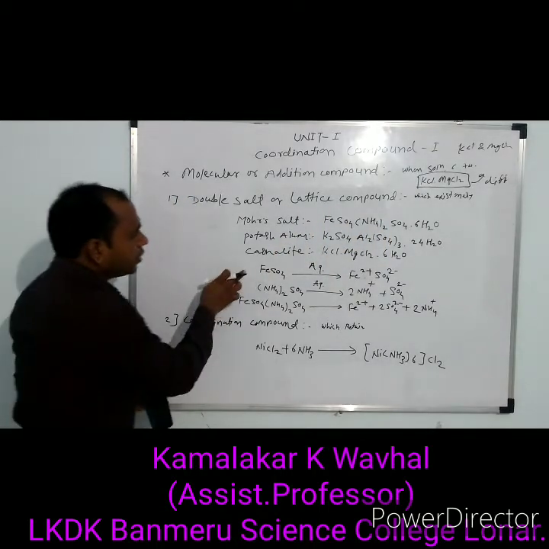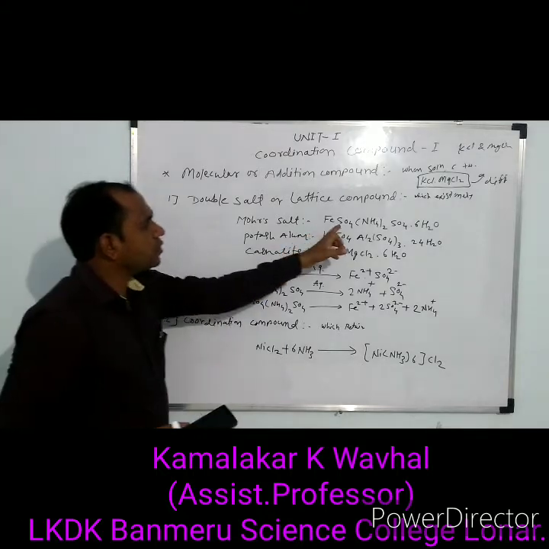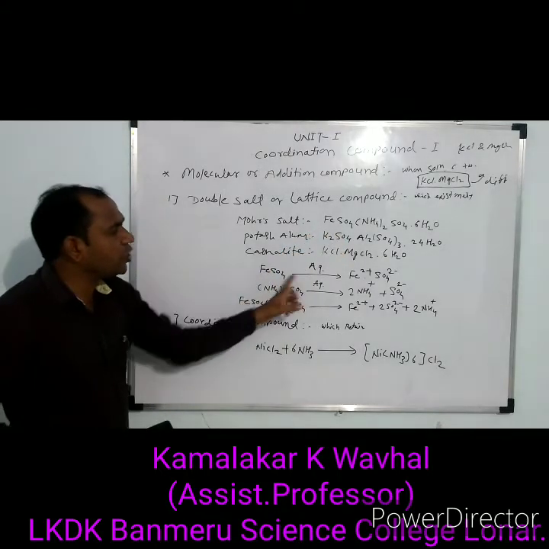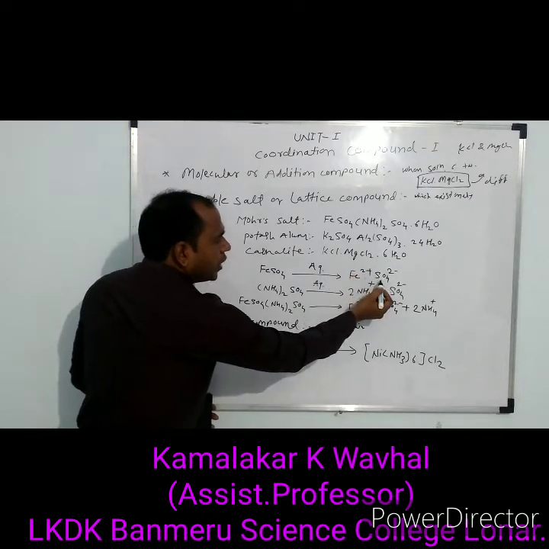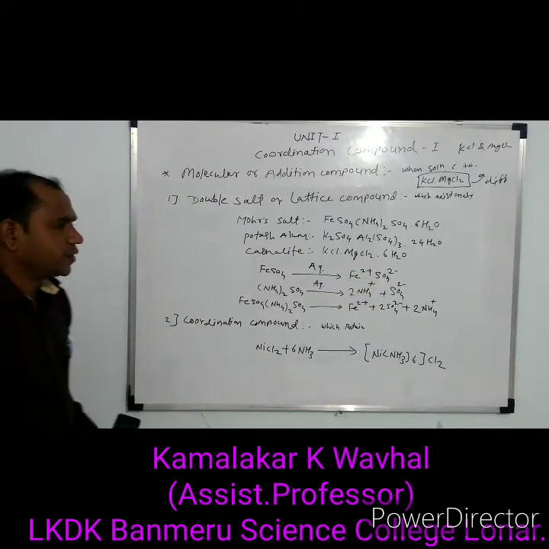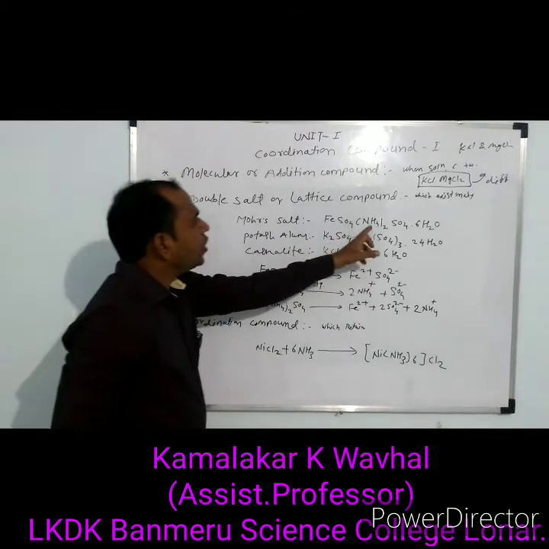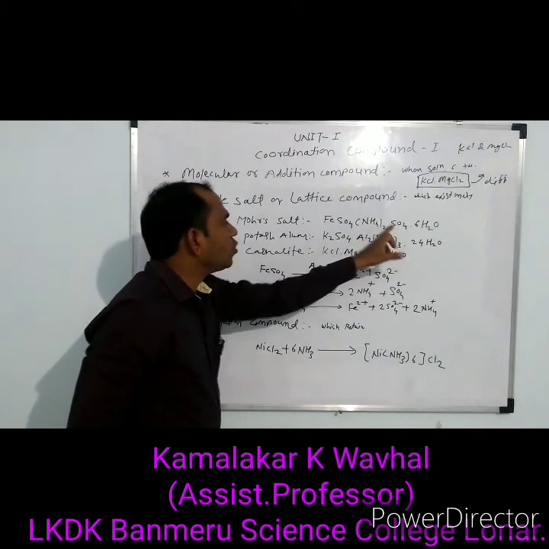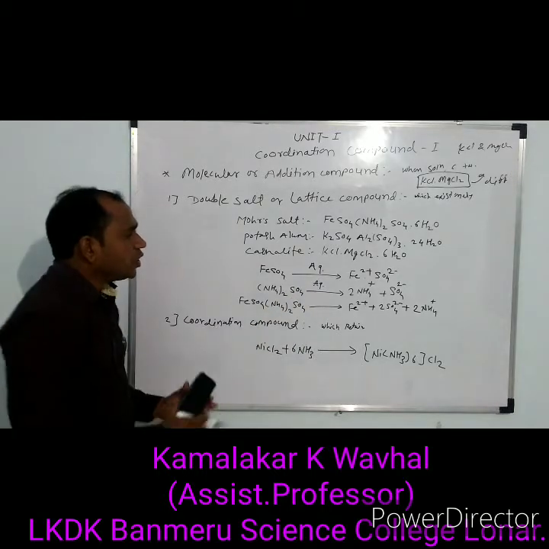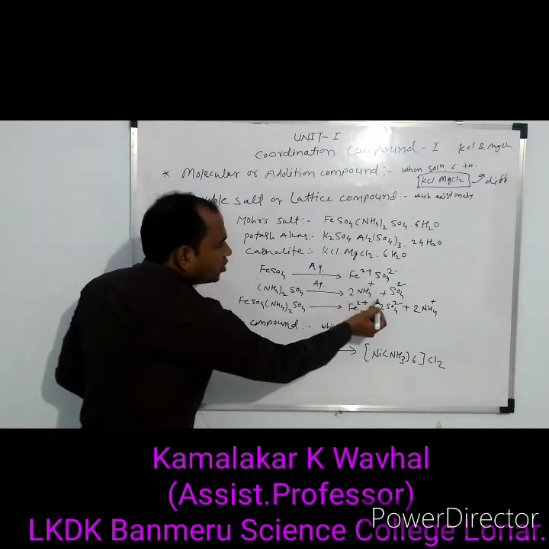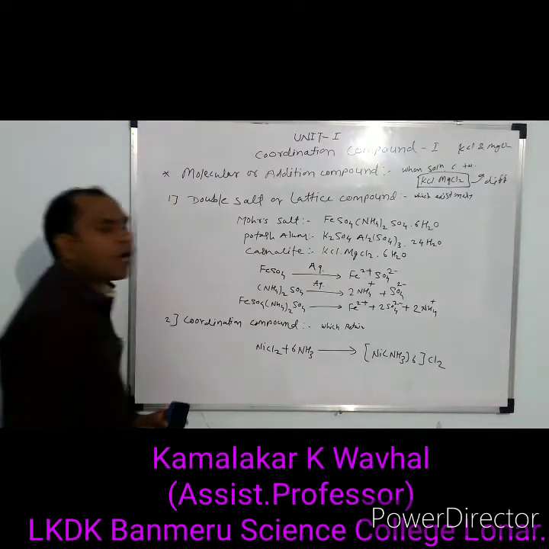We will see here FeSO4, ferrous sulfate. On ionization in aqueous solution, FeSO4 gives Fe2+ ions and SO4 2- ions. Then (NH4)2SO4, ammonium sulfate, in aqueous solution gives 2 NH4+ plus SO4 2- ions.